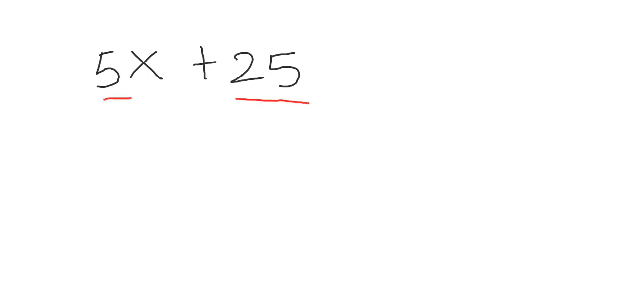Let's take, for example, an expression like 5x plus 25. To factorize this, we have to look for a factor of 5 and 25, and it should be the highest common factor.